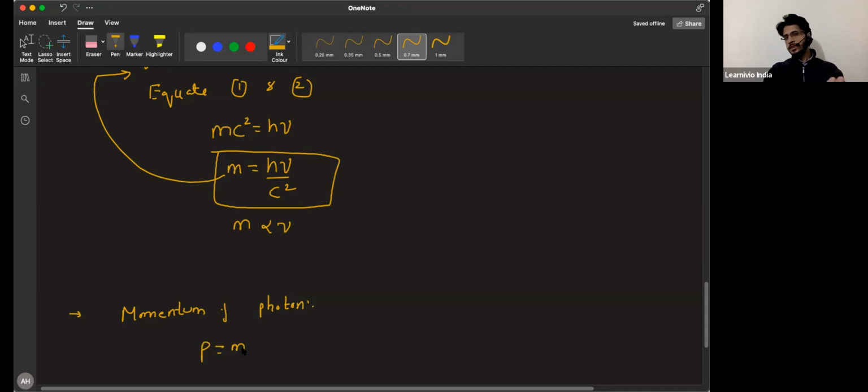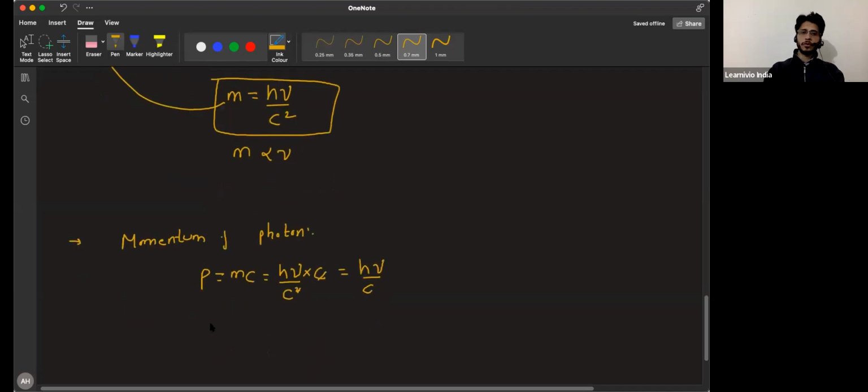Photons are moving with mass m and their speed is c. So mc is the photon momentum. m is h nu by c square, so you can write this as h nu over c square multiplied by c. c and c square get cancelled out. This is h nu by c. So the momentum of photon is h nu by c.